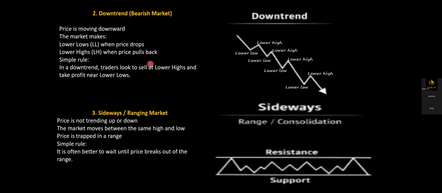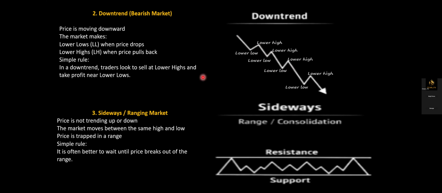Sometimes what we call the pullback is an impulsive move, then a small retracement, then impulsive, small retracement, continuously like that. A bearish market is the opposite of the bullish market. As the bullish market creates higher highs and higher lows, the bearish market or downtrend creates lower highs and lower lows.